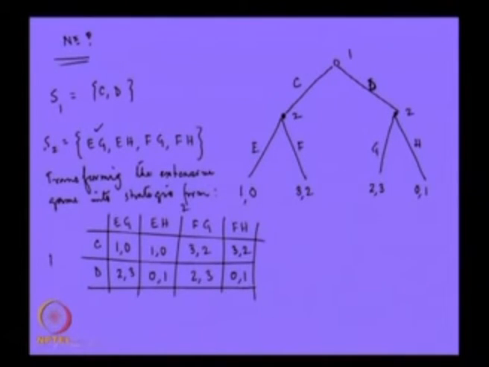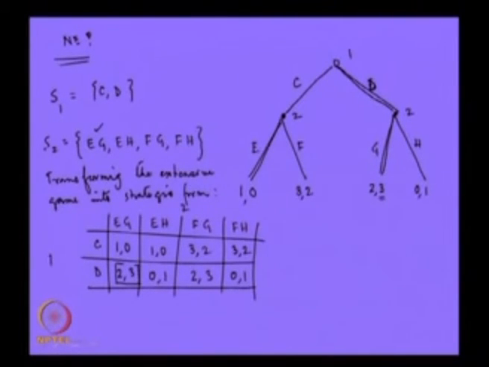What we see is that this seems to be a Nash equilibrium, D, EG. Why is this a Nash equilibrium? Because player 2 is saying that if you play C, I am going to play E. So, if player 1 deviates and plays C, then he is going to get 1, whereas now he is getting 2.